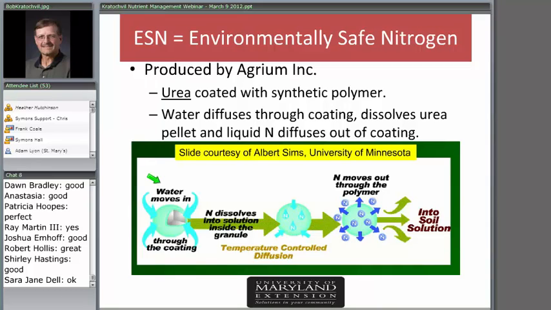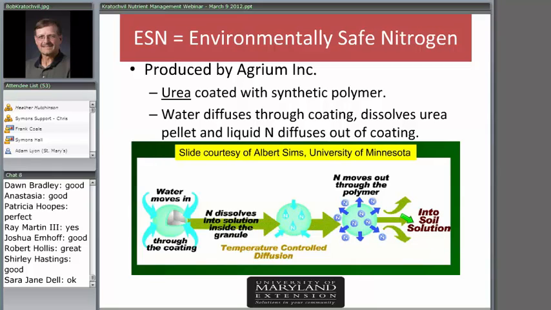It takes water to move into this polymer coating. You've got a polymer coating around the urea. Water then moves into the inside of the granule and dissolves the nitrogen. The nitrogen then can dissipate out of the polymer and gets into soil solution.